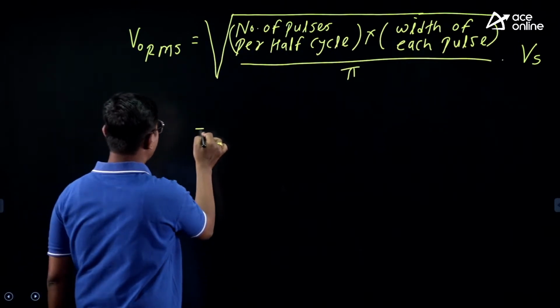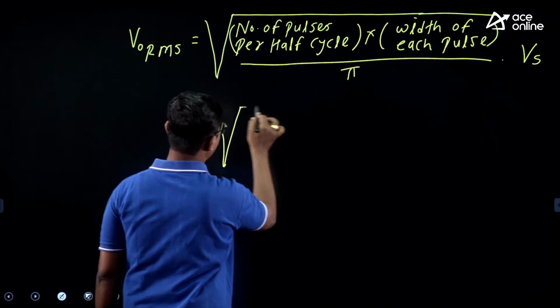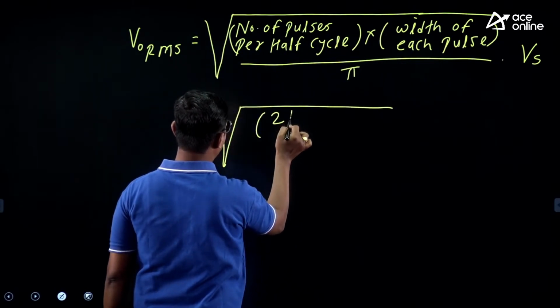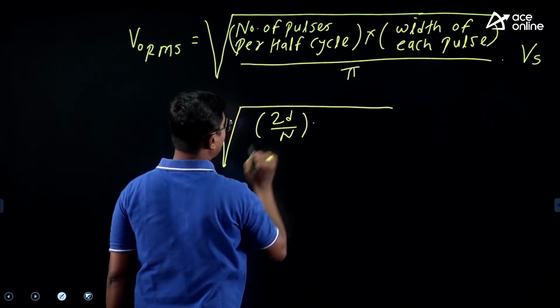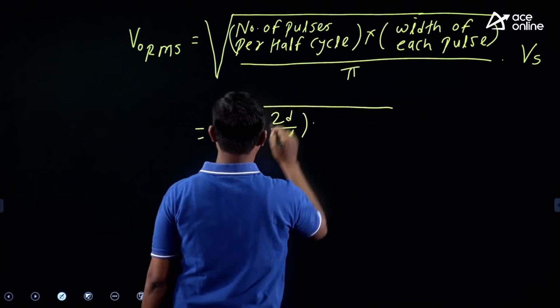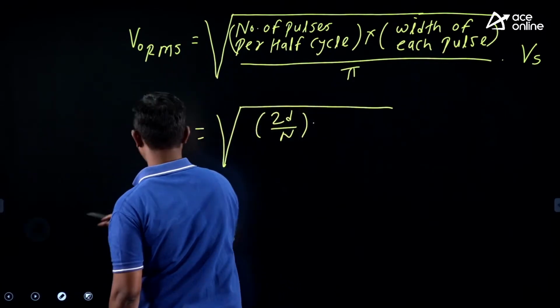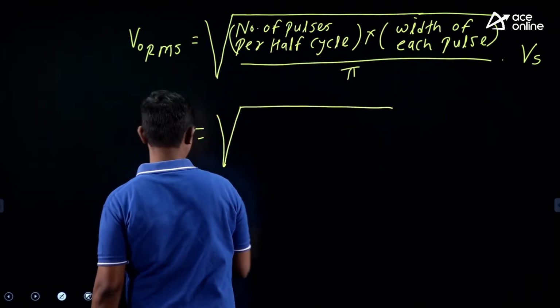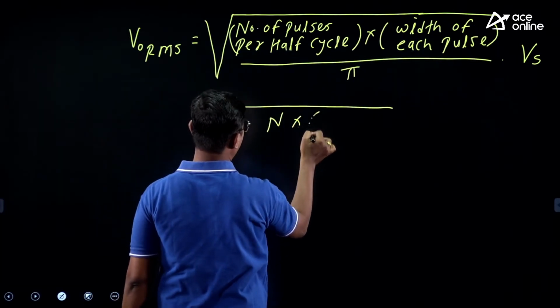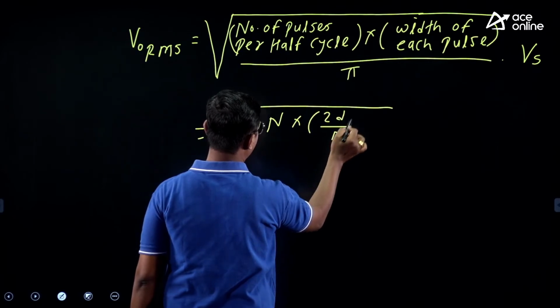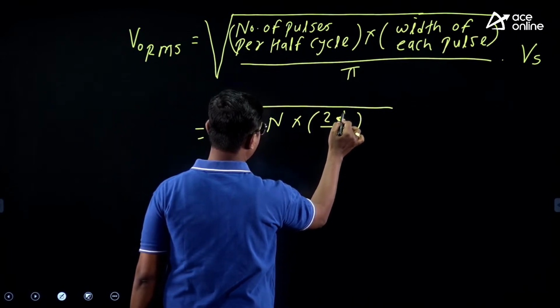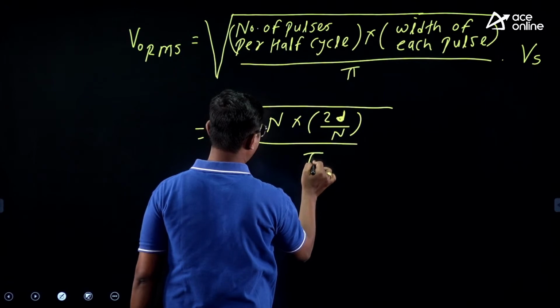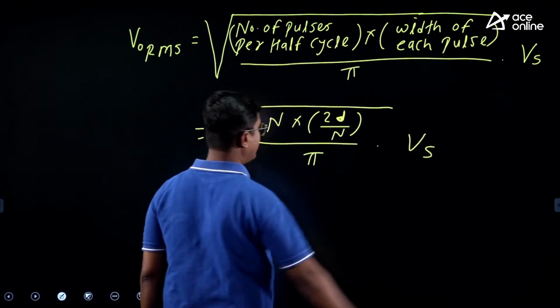What is the width of each pulse? 2D by n, and the number of pulses per half cycle is capital N. So it is under root of N into 2D by n, the width of each pulse, divided by pi into Vs.